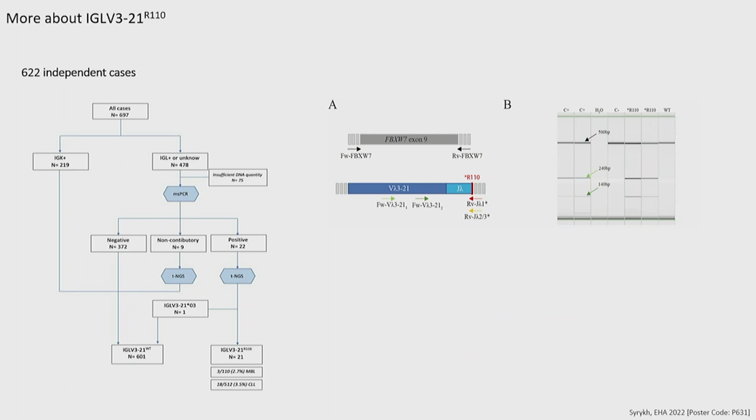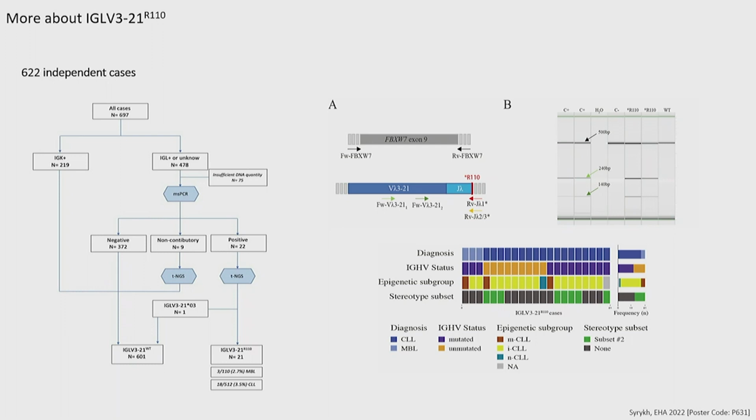So in this independent series of cases, we confirmed that there were half and half cases in terms of the mutational status of the immunoglobulins. Also, most of the cases were intermediate from an epigenetic point of view, and half of the cases had stereotype 2, but half didn't have this stereotype. So I think this is more important than the stereotype.